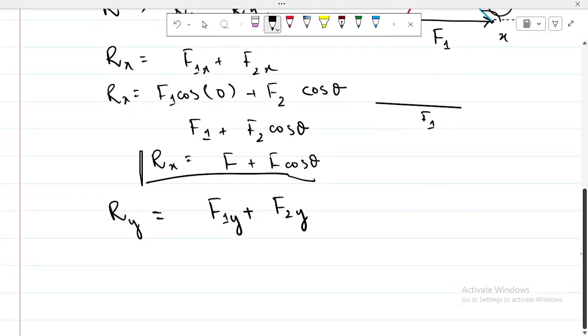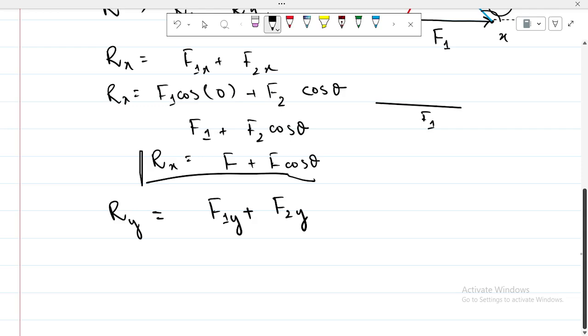But notice that F1 is lying completely on the x-axis. It has no projection along the y-axis, no vertical component. So there won't be any contribution from the F1y part.